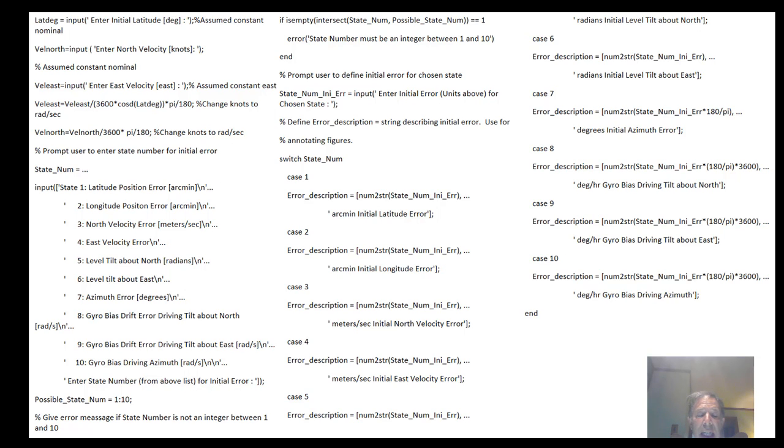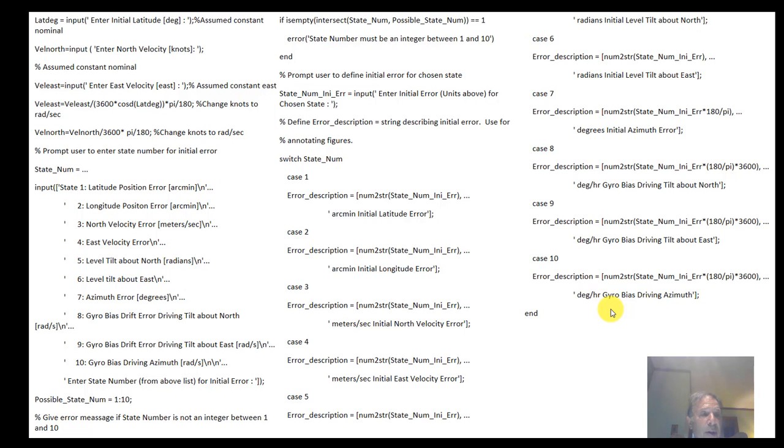So this is the first slide of the MATLAB program. It's divided into 3 columns. We go from the first column, then to the second column, and then to the third column, and then to the next page. We do not show the plotting routines or printing that the program does have.